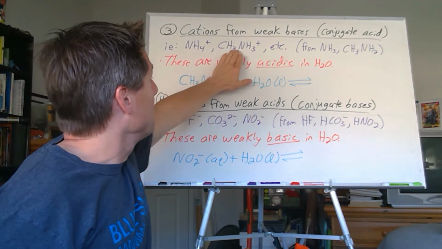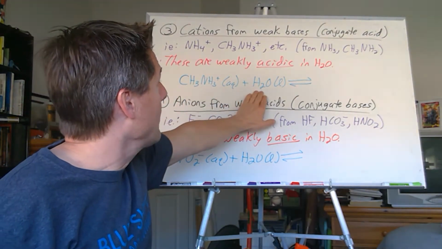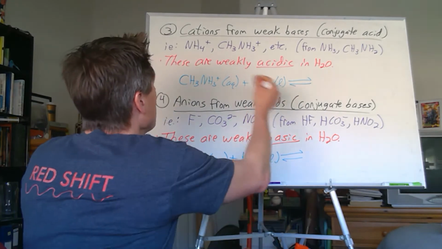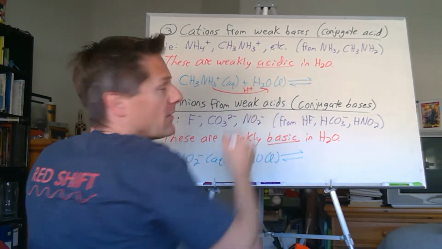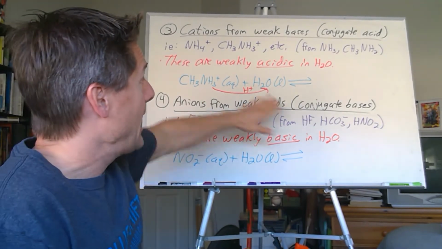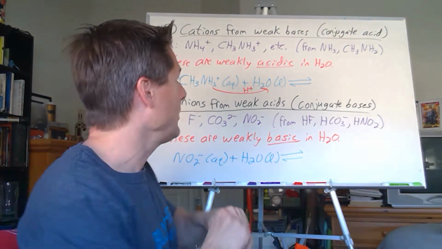These, if I bring those down, are stronger than water. So they'll react with water by donating the H plus. They're more acidic than water. You can actually do the ionization equation for that. Where'd my blue pen go? Here it is.